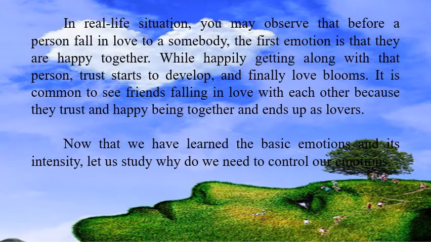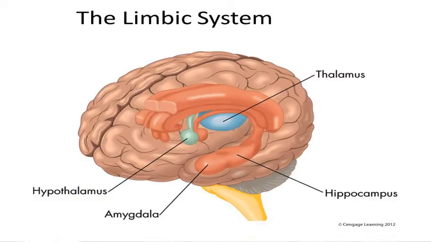Now that we have learned the basic emotions and their intensity, let us study why we need to control our emotions. On the previous presentation, we tackled the parts, functions, and so on of the brain.